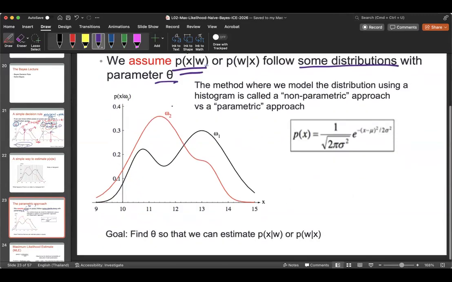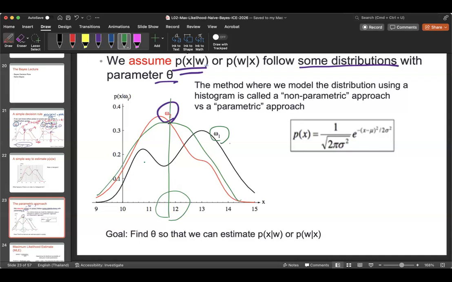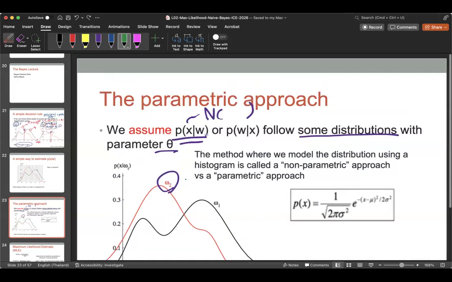We can say this W2 is some Gaussian with some mean, and this W1 is some Gaussian with some mean. So this is what we call a parametric approach of distribution estimation.